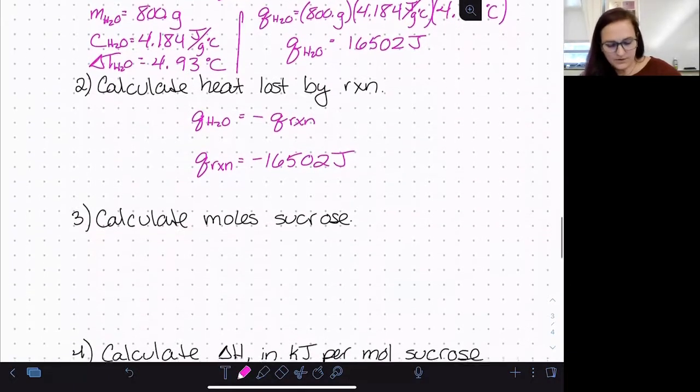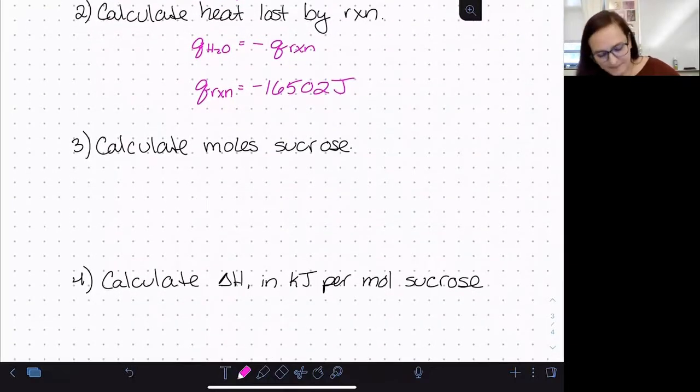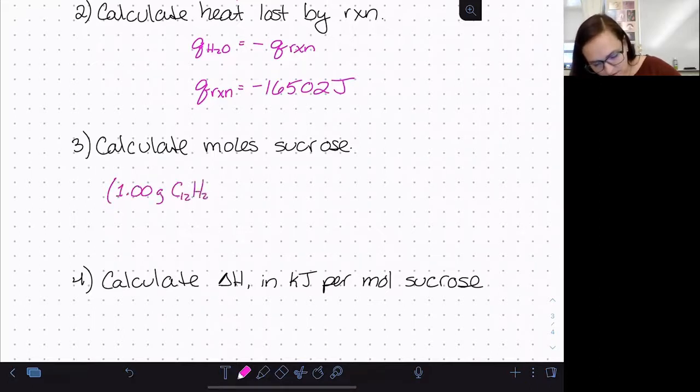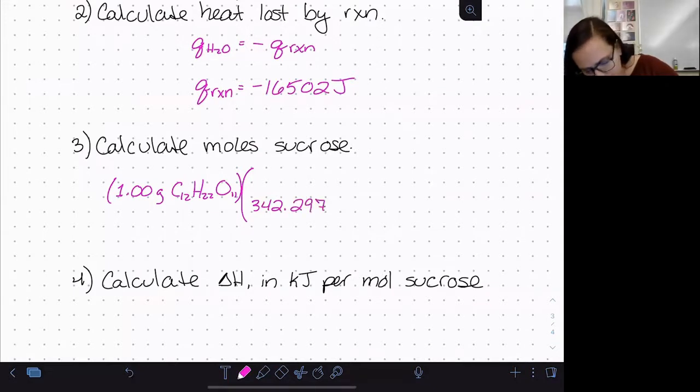Finding moles of sucrose is just mass to mole conversion using molar mass. We were told in the problem that we had 1 gram of sucrose that we were combusting. We can use the periodic table to find that the molar mass of sucrose is 342.297 grams of sucrose in 1 mole.